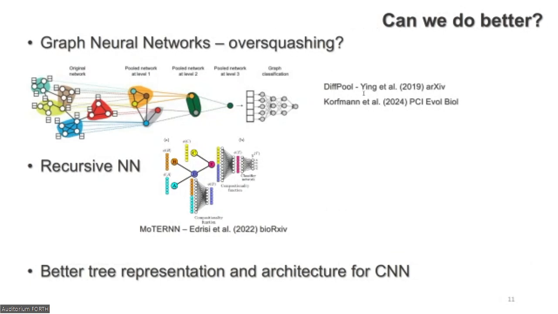We started with graph neural networks because they make sense, since a tree is a graph. But we had a lot of problems. We tried a different approach of graph neural networks that uses this DiffPool approach, and it worked for population genetics in this Korfmann paper. So I was excited about trying it with my phylogenies. The idea here is you have the graph, but you pool the nodes locally, so it's not like you're pooling everything together.